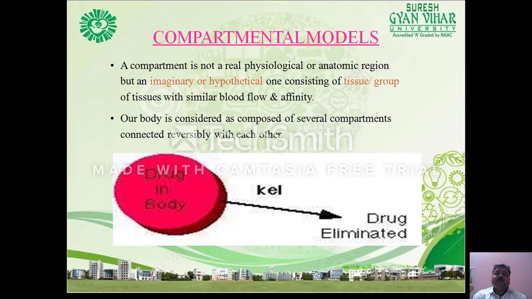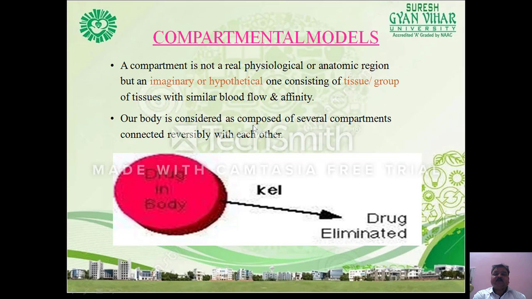In compartment models, a compartment is not a real physiological or anatomic region, but it is an imaginary or hypothetical one consisting of tissue or groups of tissues with a similar blood flow and affinity. That is known as the central compartment, like your liver and lungs.